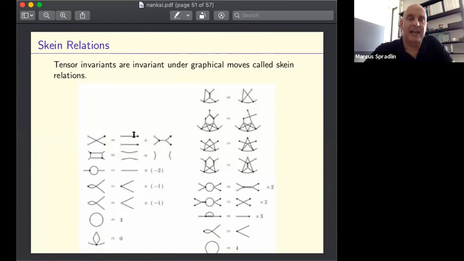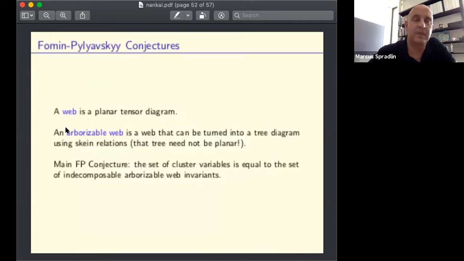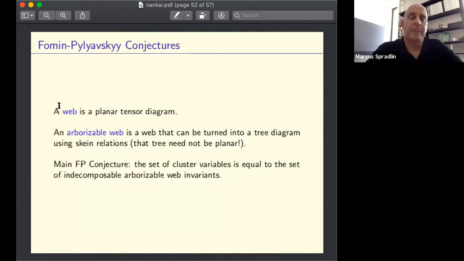As their name implies, tensor invariants are invariant under graphical moves called the skein relations. Here are some examples of skein relations for SL3 on the left and SL4 on the right. A web is a planar tensor diagram, and an arborizable web is a web that can be turned into a tree diagram using skein relations. Okay.